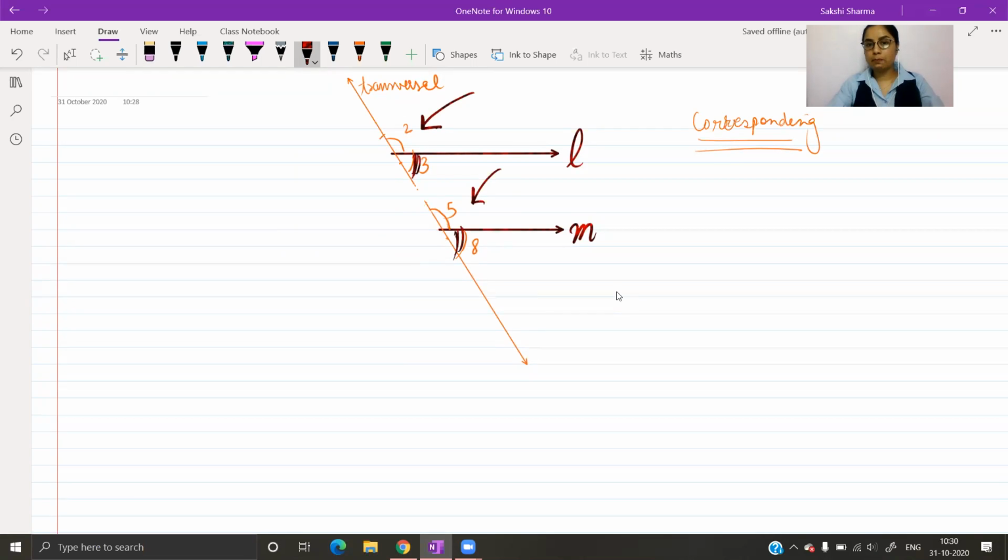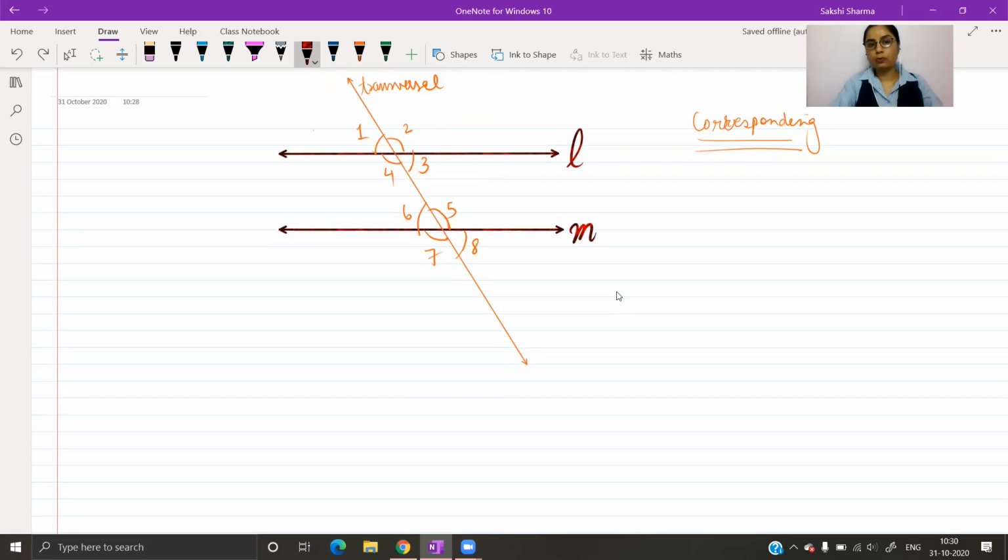And if your lines are parallel, if L and M are parallel, the corresponding angles are equal. The measure of angle 2 will be same as the measure of angle 5. The measure of angle 3 is equal to the measure of angle 8. Similarly, let's go over to the other side.